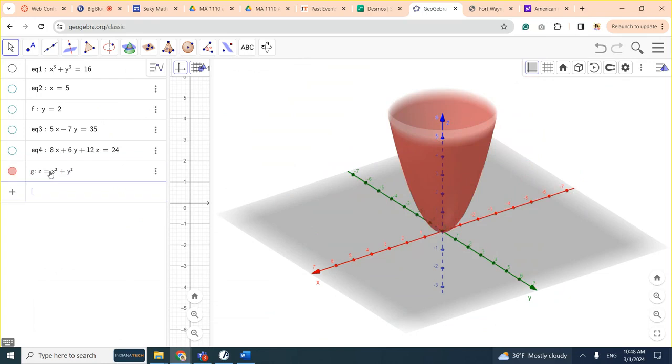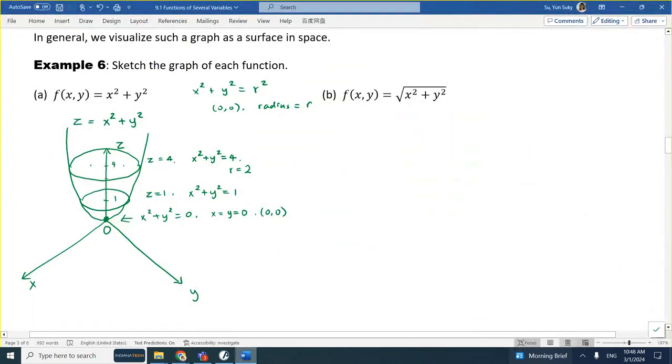Okay, parabola, and then in 3D it is a paraboloid. And circle in 2D, in 3D is going to be a sphere. Yes, ellipse in 2D, in 3D, ellipsoid. Okay. All right. Let's continue.